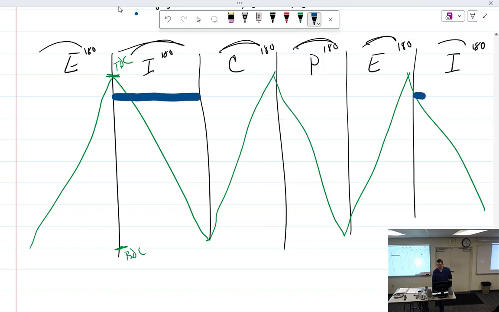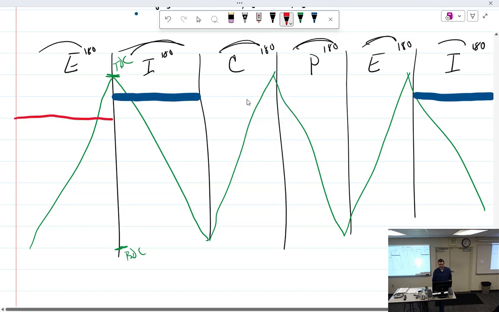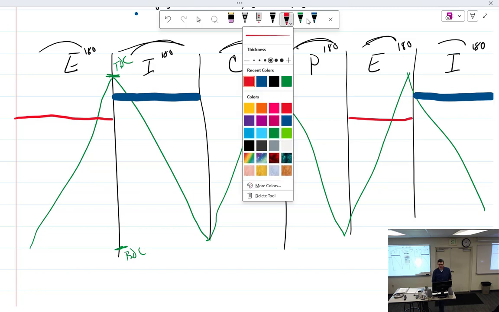Now, when is the exhaust valve open? It's open there, and it's open here for sure, right? Okay. So that color is much better to deal with.